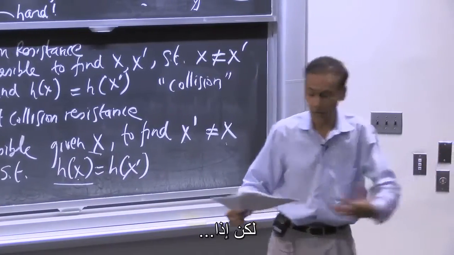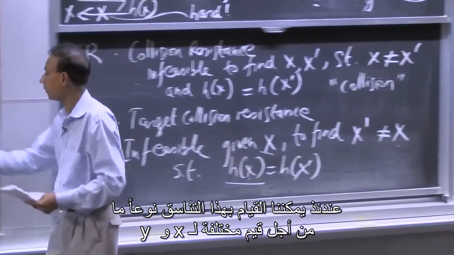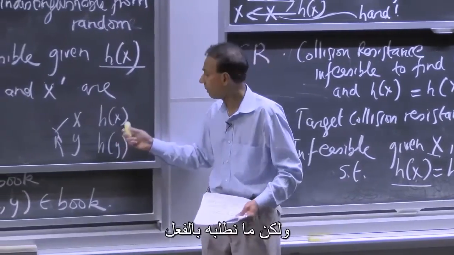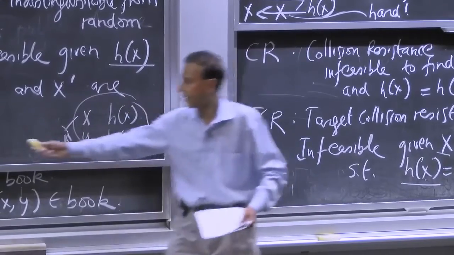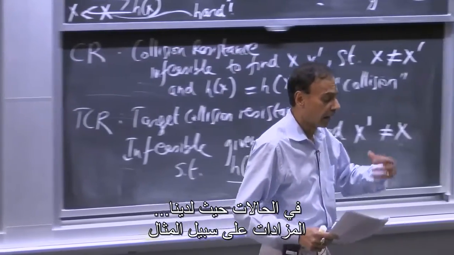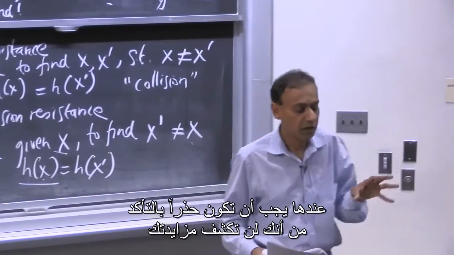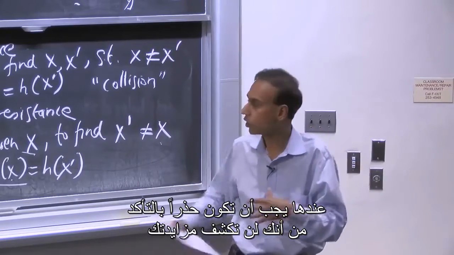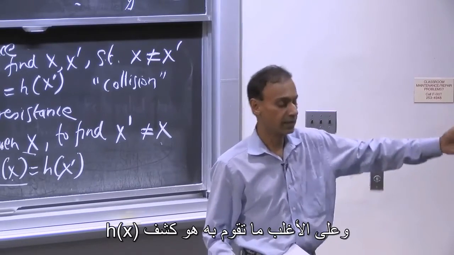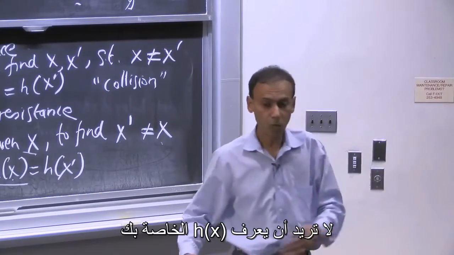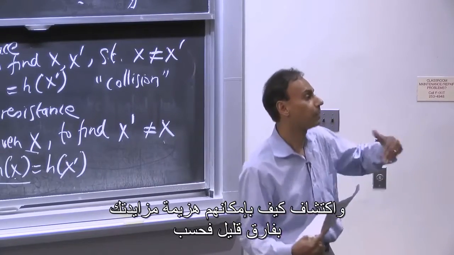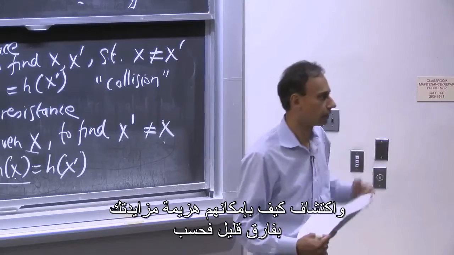But if you could do this sort of consistently for different x's and y's, that would absolutely be a problem, right? But what you're really asking for, and typically when you want non-malleability, it's things where you have auctions, for example, where you ought to be careful about making sure that you don't expose your bid. And so maybe what you're doing is exposing h of x. You don't want somebody to look at your h of x and figure out how they can beat your bid by just a little bit.